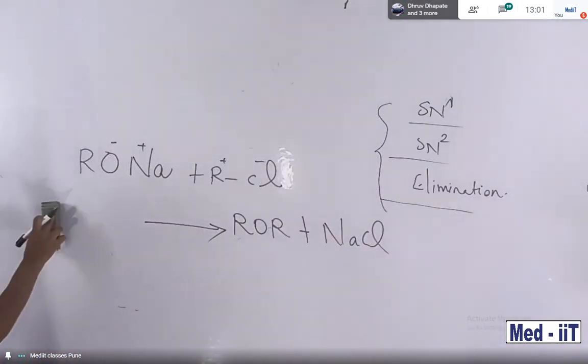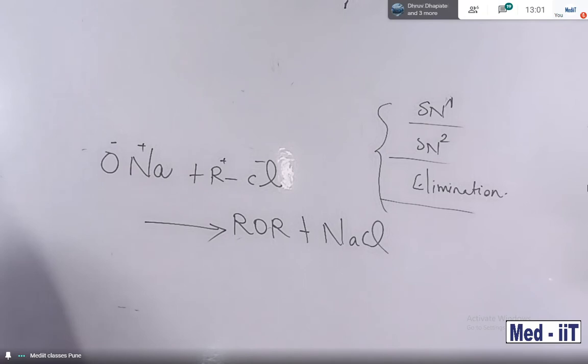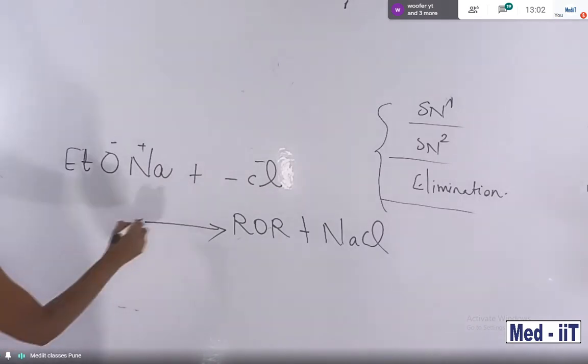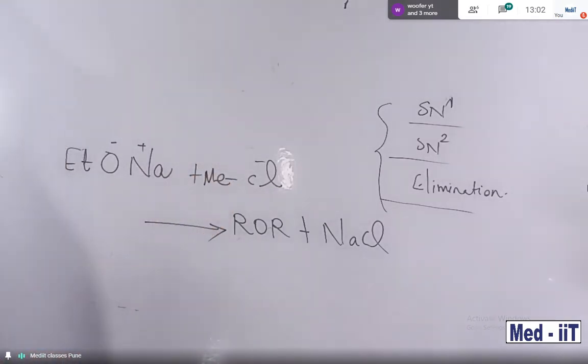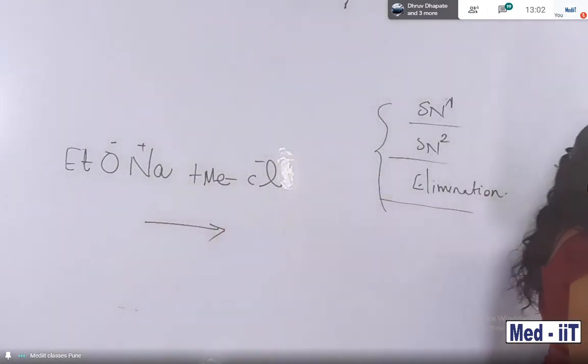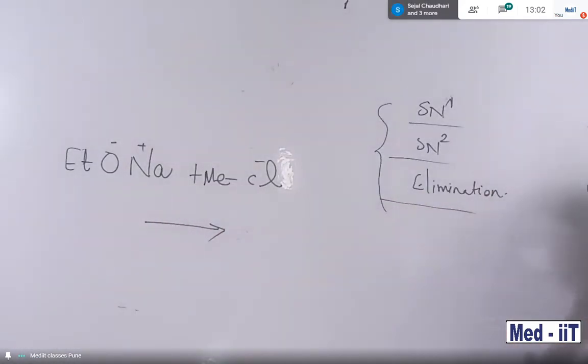This is for you. Here, EtO, ethoxide, sodium ethoxide, not methoxide. Same, instead of here, we are adding a methyl group. Then predict, students, what about the product? Do it fast.